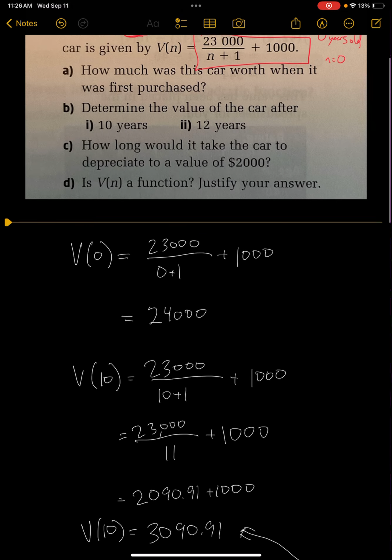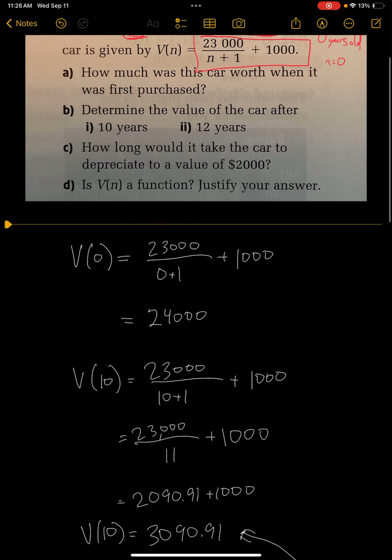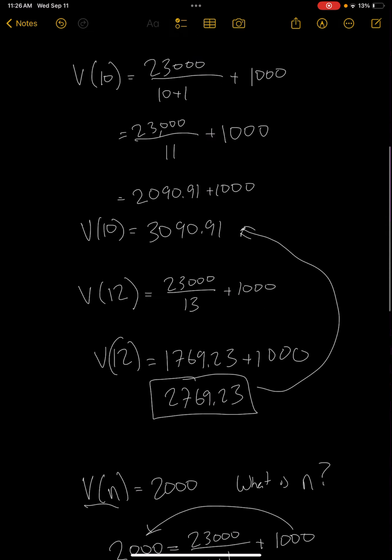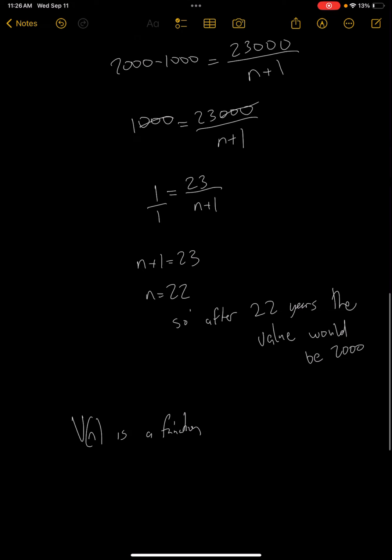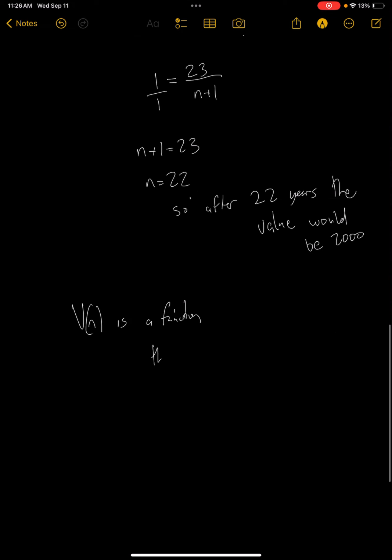Okay, and is V of n a function? Justify your answer. Yeah, I think V of n is a function. I think there's only one value for every value of n.